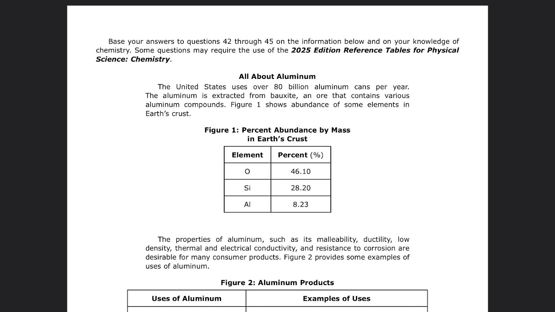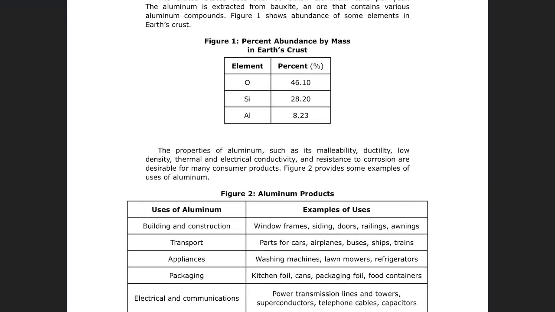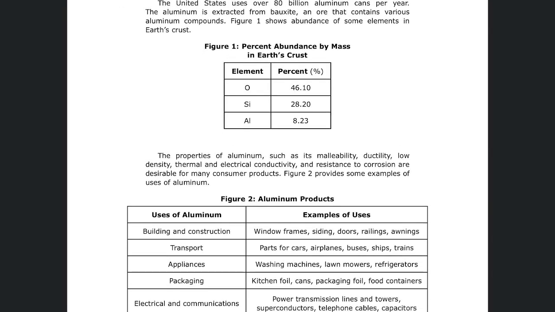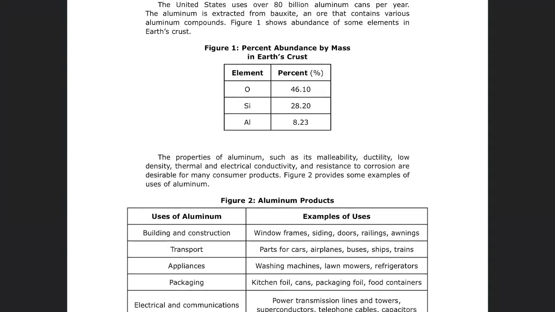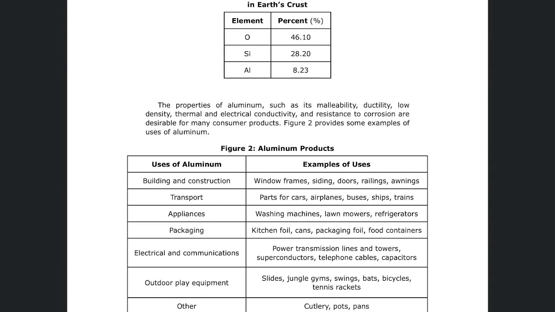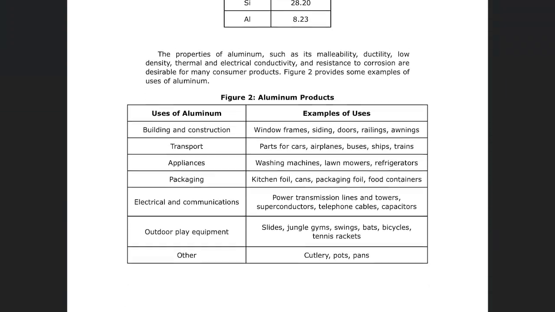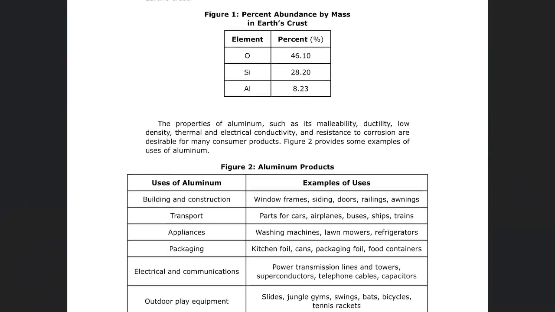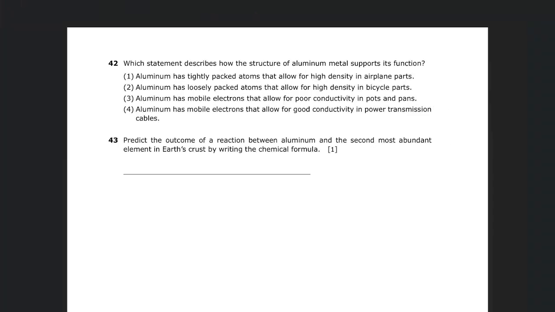Figure 1 shows abundance of some elements in Earth's crust. The properties of aluminum, such as its malleability, ductility, low density, thermal and electrical conductivity, and resistance to corrosion are desirable for many consumer compounds. Figure 2 provides some examples of uses of aluminum. There's a lot of information here that we'll probably have to come back to.